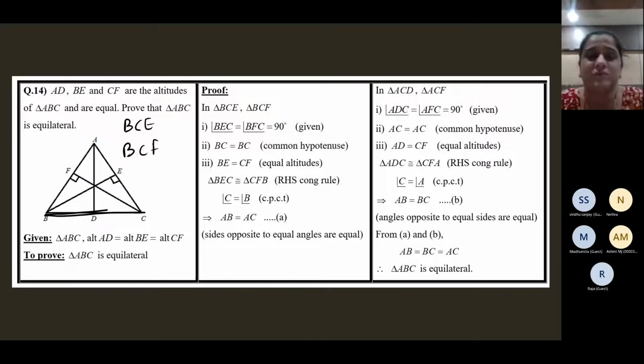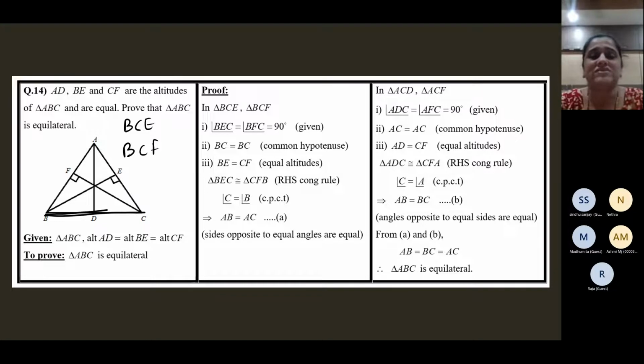If the choice of triangles is incorrect, you may feel that you don't have sufficient information. So that is the smart work you have to do here. You'll have to consider 2 triangles so that you have maximum information.